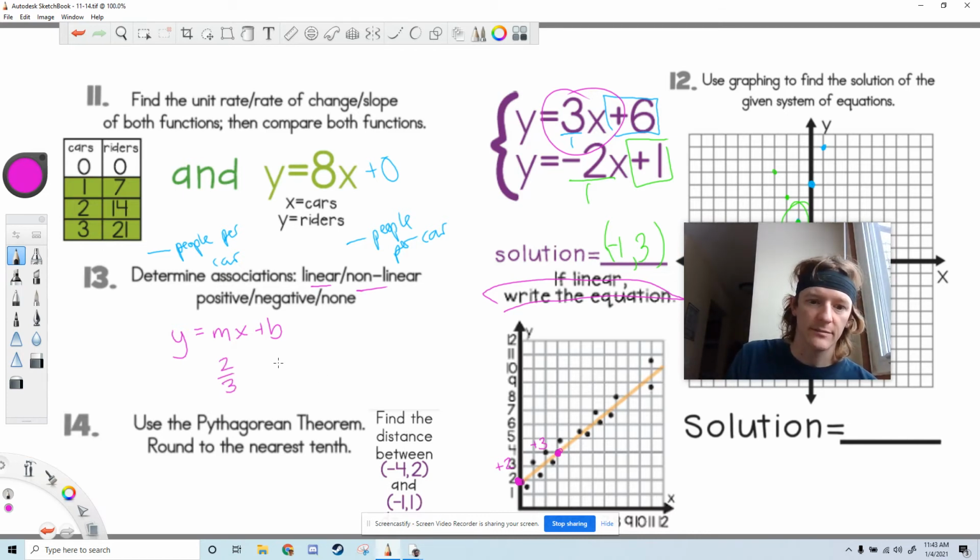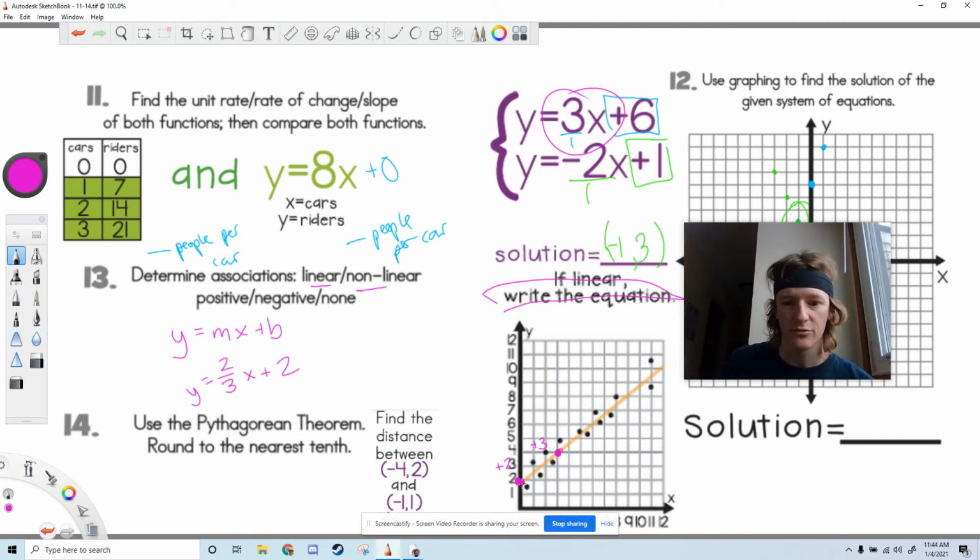Our y-intercept, we started at 2. So y equals, there we go. We start at 2, so our y-intercept is at 2. And we're going up 2 over 3. Do we do that over and over again? Up 2 over 3. Yep.